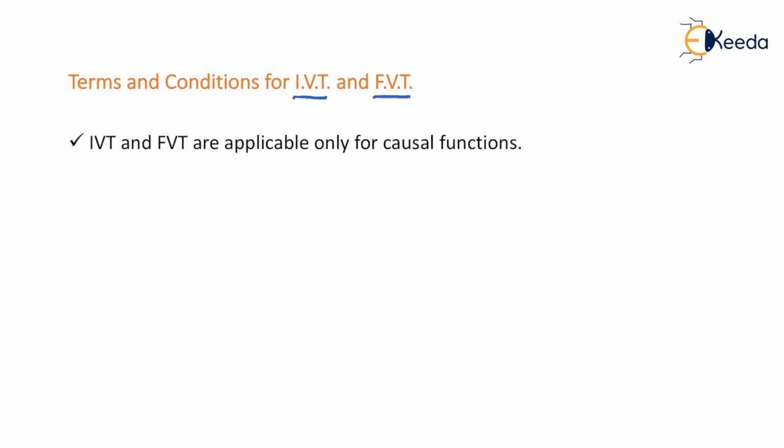IVT and FVT are applicable only for causal functions. Let me tell you about causal functions. For example, suppose F(s) is given to you. You know that this F(s) is nothing but the Laplace transform of f(t). This f(t) function must be causal. What is meant by a causal function?